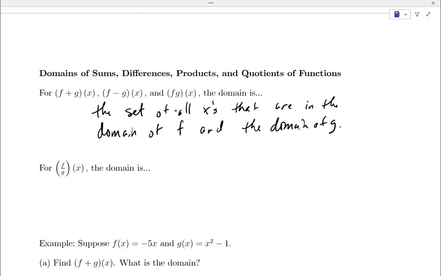What about the fourth operation that we talked about? Do we have any issues there that might pop up? Yeah, the g of x part can't be 0, right?